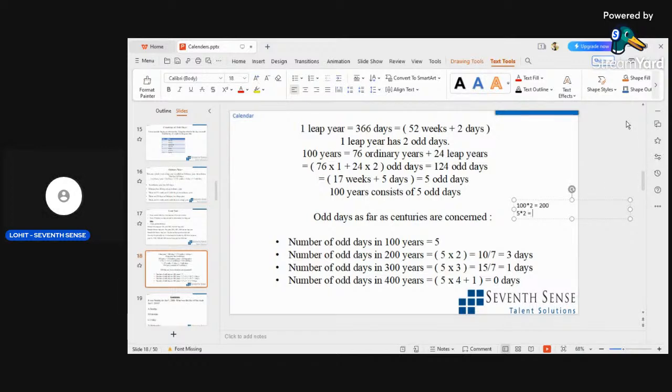How much will it be? 10. And 10 is greater than 6. So what am I going to do? I'm going to divide this by 7 and I will take the remainder as 3. Understood? Yes or no?